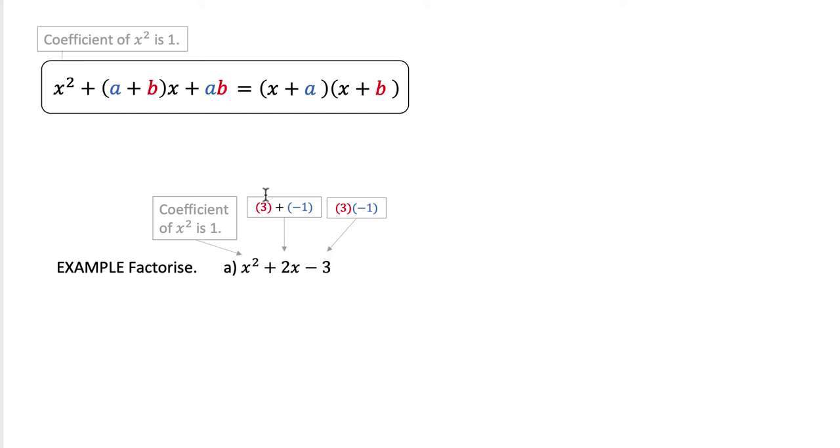So our a is 3 and b is negative 1. So we can write it as x plus a times x minus b. It doesn't matter in which order you write them. So x plus 3 times x minus 1 is the same thing as x minus 1 times x plus 3.